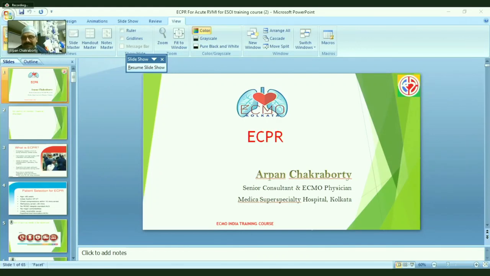ECPR can happen in the emergency department, in the ITU, in the cath lab, in the pre-hospital setting, which is out-of-hospital cardiac arrest most of the time. It augments end-organ perfusion and hemodynamics during that arrest, and after ROSC we continue the ECMO.